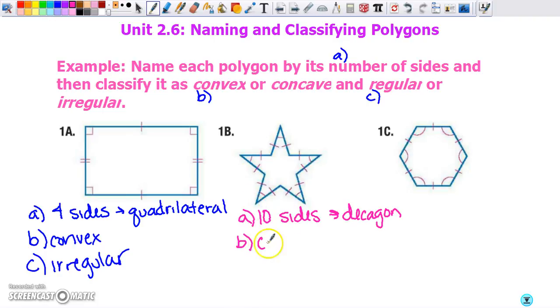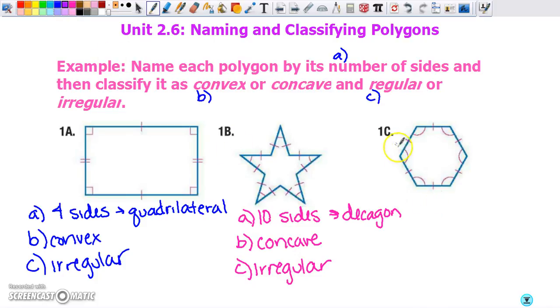In this case, the sides cave in, so concave. Now, when we get to regular or irregular, even though all the sides are congruent and all the angles are congruent, this is considered irregular completely because it is concave. That is the only reason. It can't be concave and also be regular.